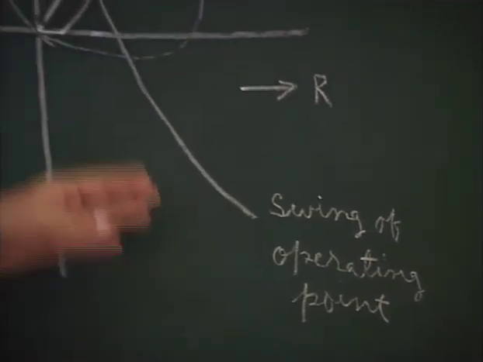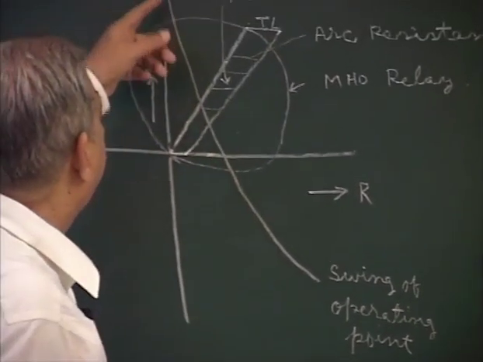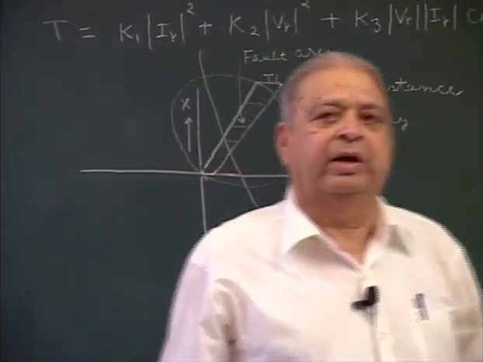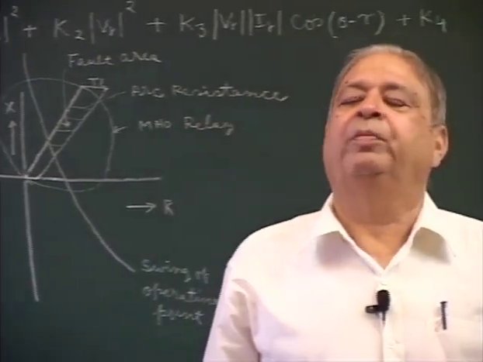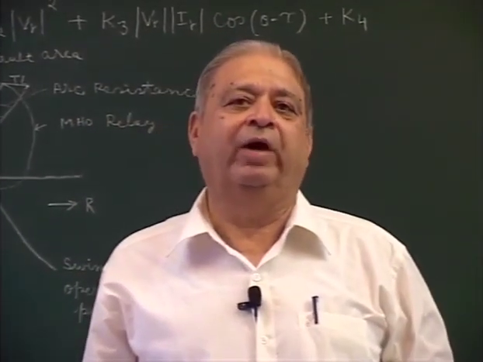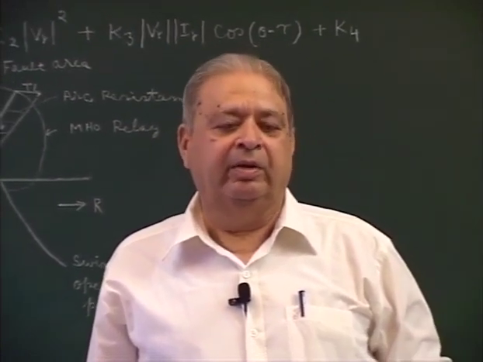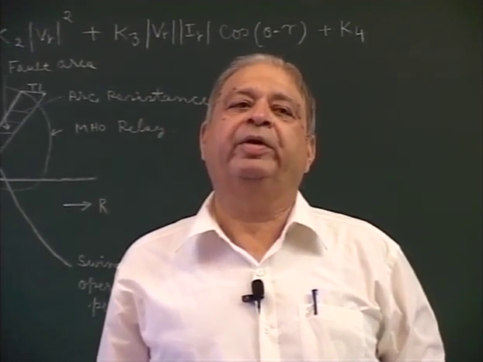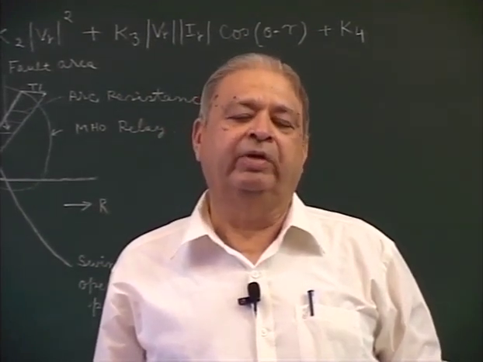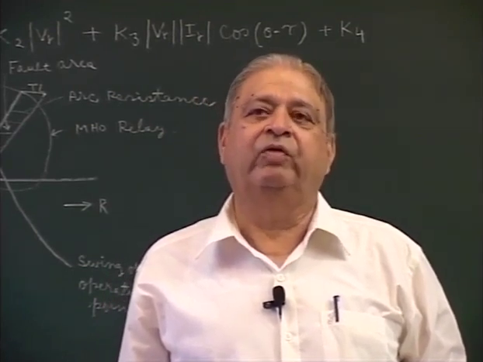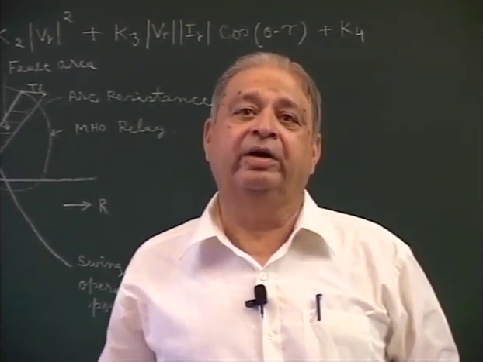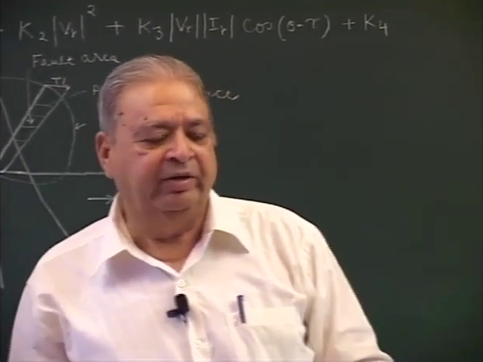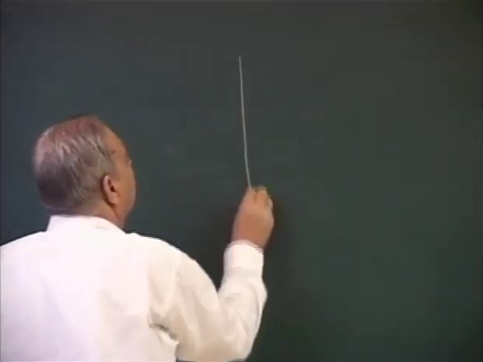So, if the operating point swings like this and it passes through the circular characteristic, the relay will operate even if there is no fault. And this is a disadvantage of a Mho relay, that it is likely to operate under swing conditions when the fault is somewhere else and it is cleared also by the circuit. Now, to avoid this, we make other characteristics.